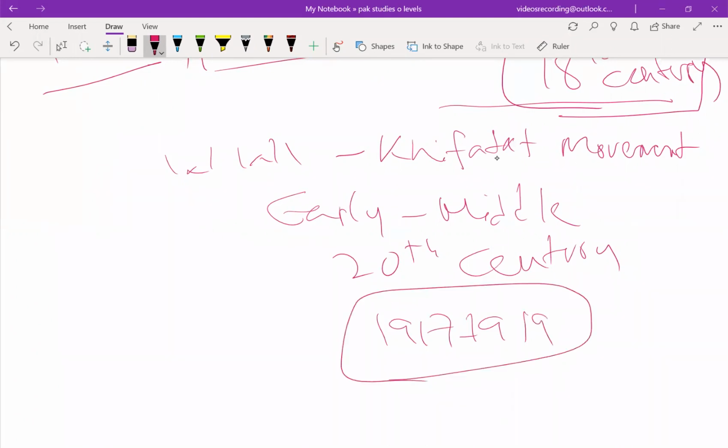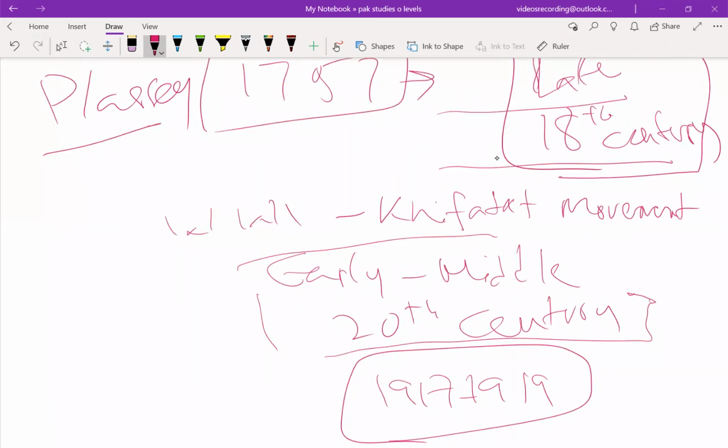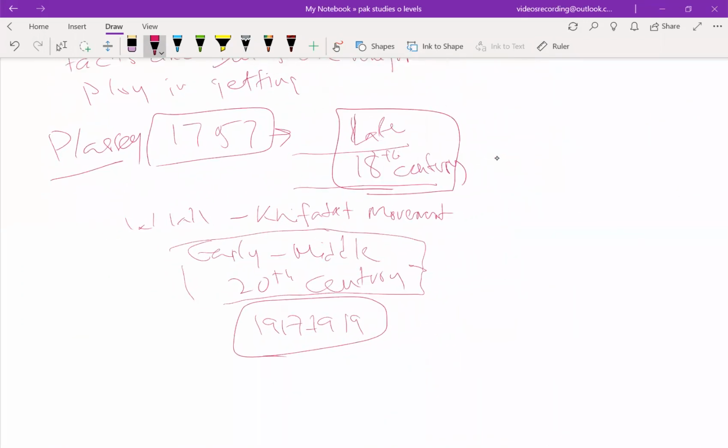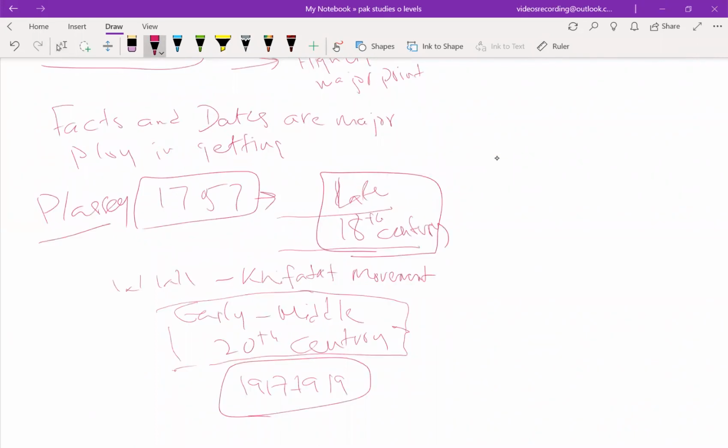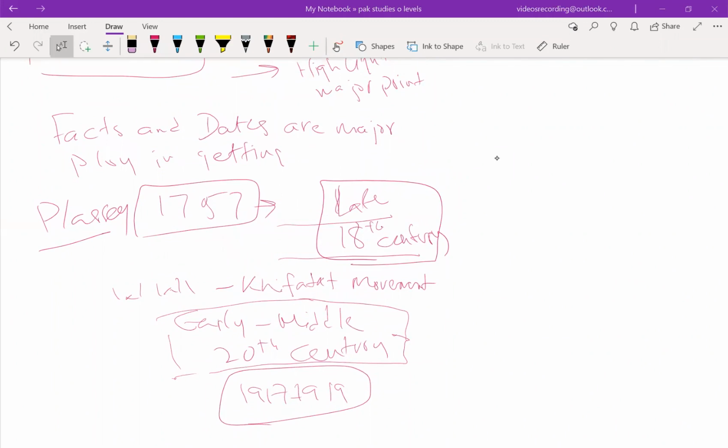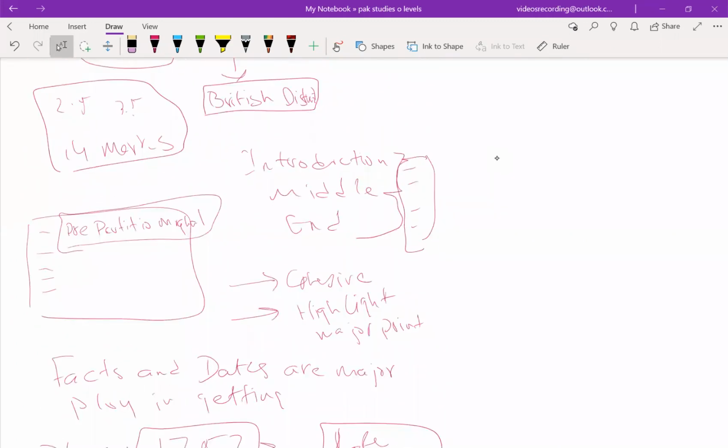If you say mid or early 20th century, you will not lose marks because you've identified the era correctly. That's an easy escape from remembering all the dates. It's very natural that there are so many dates to remember that people end up forgetting some, and it's fine if you just mention the correct era. You will not be penalized for it. Any other questions? I hope all of this is making sense so far.